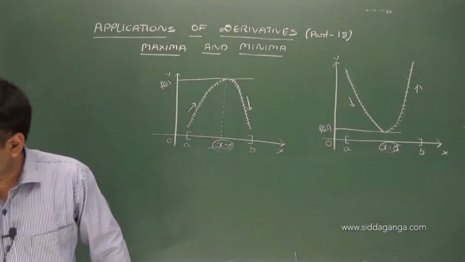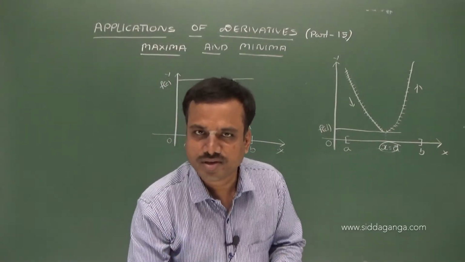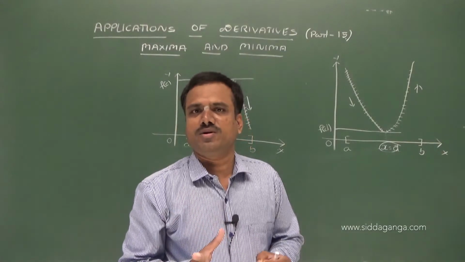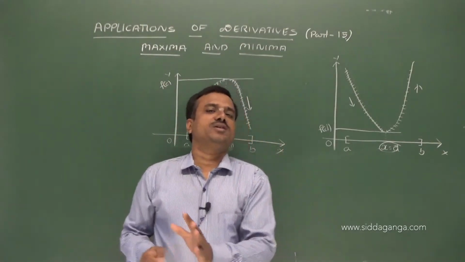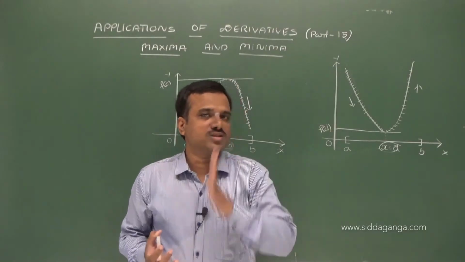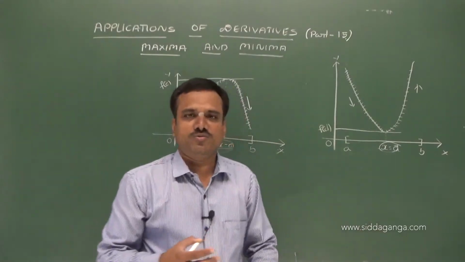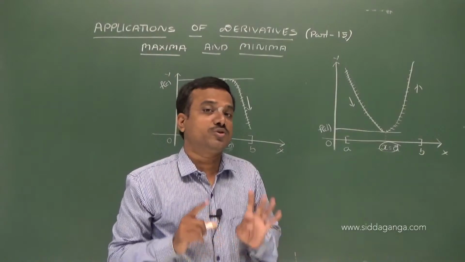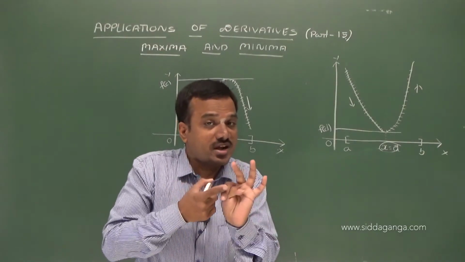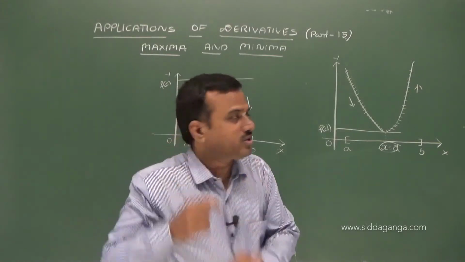He asks, find the point of maximum, local maxima, or find the maximum value, or find the minimum value. First concept is without using derivative, what we discussed just now. Second concept, using the first order derivative test.